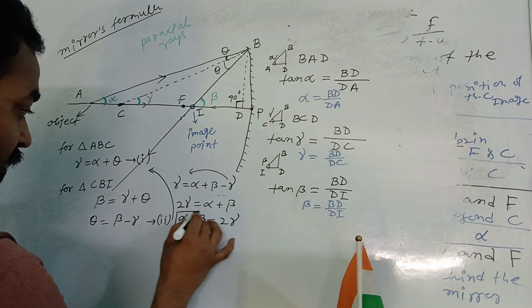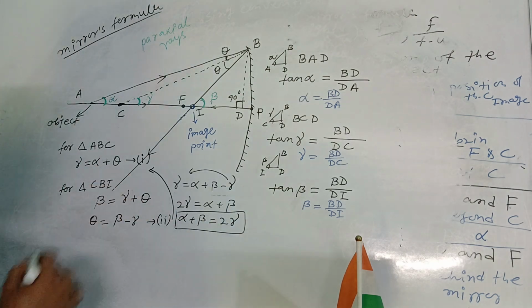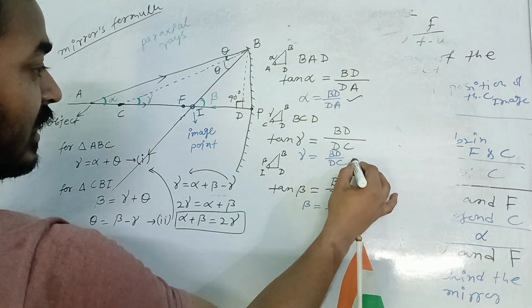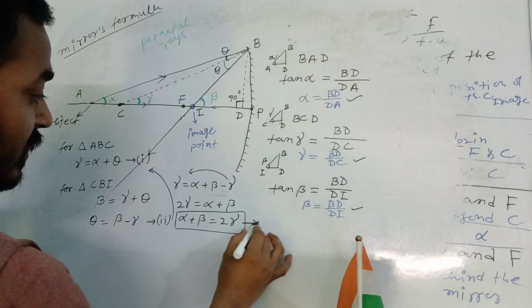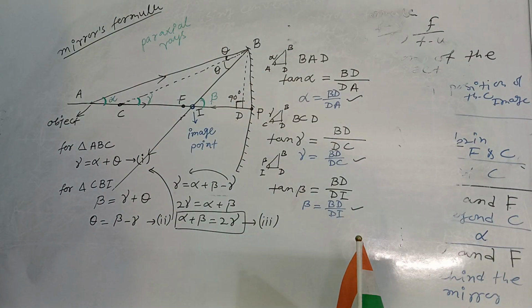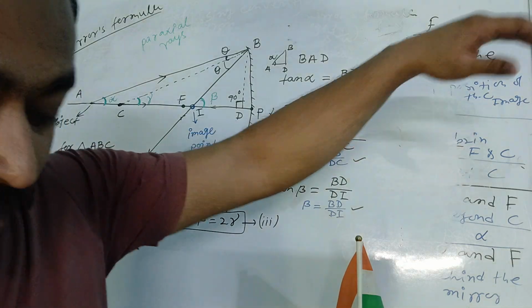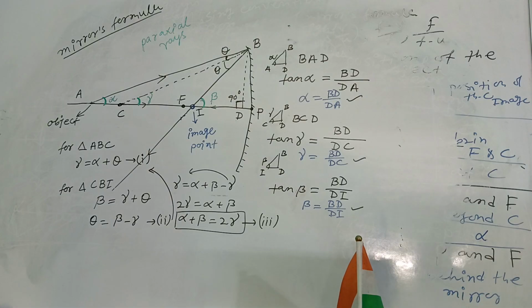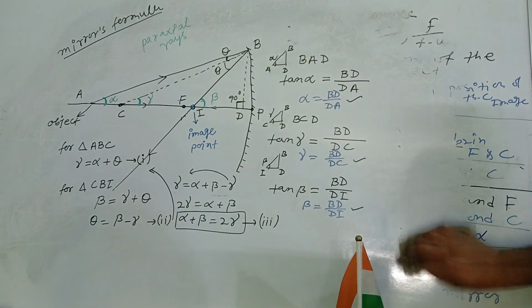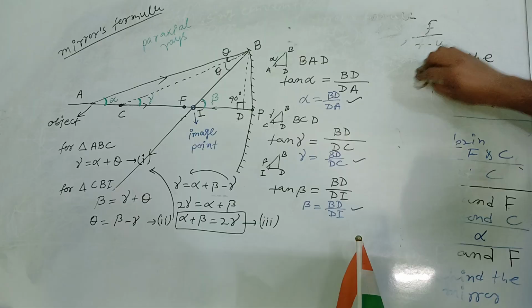Now I am getting this equation, say equation number 3, and now put the values of alpha, beta and gamma in this equation. Let me check, then I'll write over here. This part is visible up to this. Let me erase this part so that I can write it.